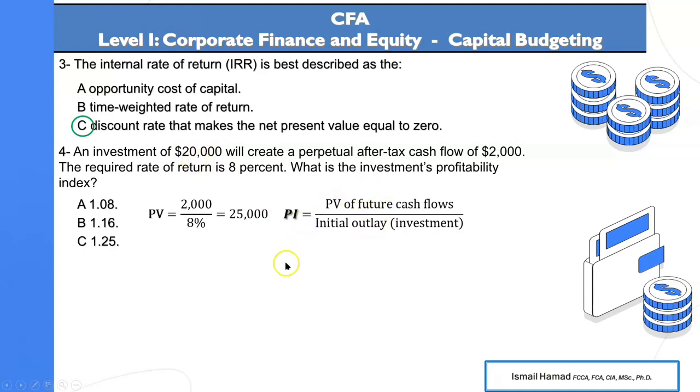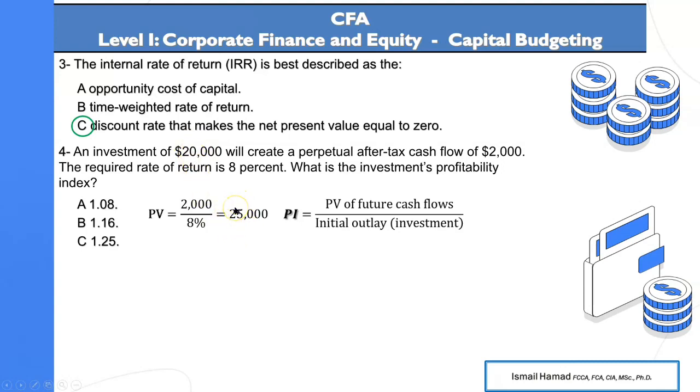Forget about all this algebra and calculation. So simple. I spent 20,000 in investment. That investment will give me a value of 25. That means my value increased from 20 to 25. So dividing the present value I get by the amount I paid, if it is the same, that means the result is 1.